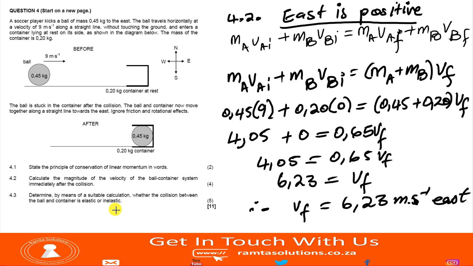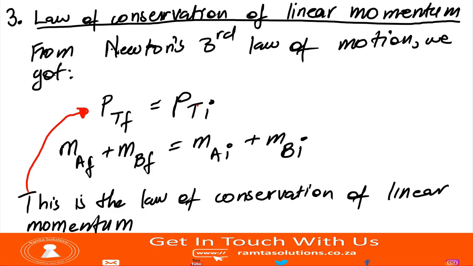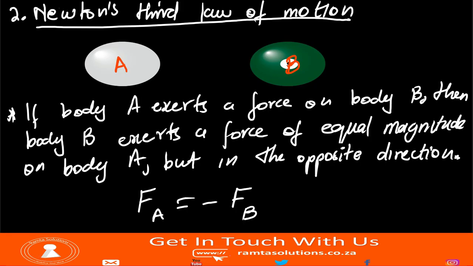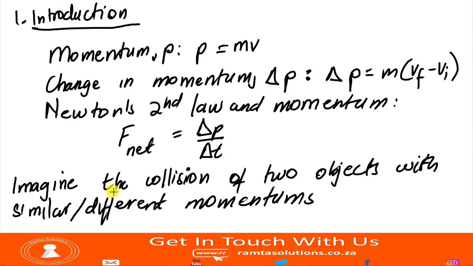So with that being said, let's go back and see if we have answered the questions we asked at first. We asked about imagining the collision of two objects with different momentums. We were able to derive the law of conservation of momentum, so we're able to find the mass of either one of them or their velocities if they are not given.